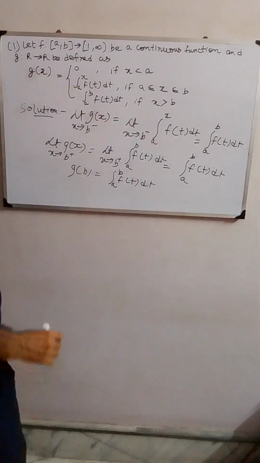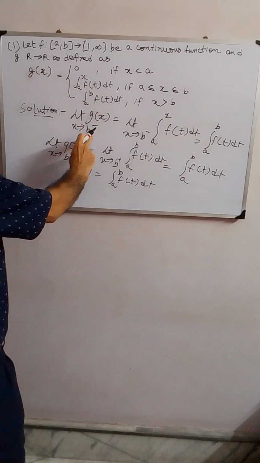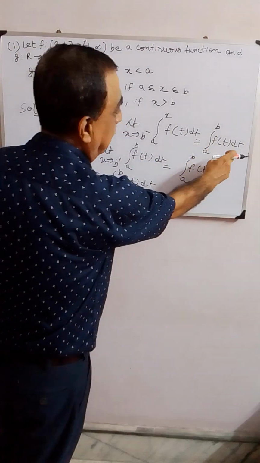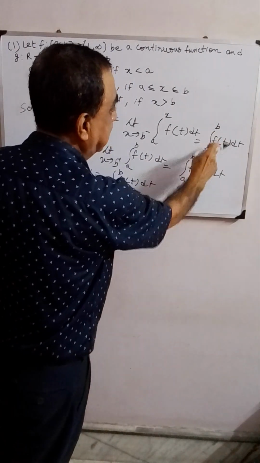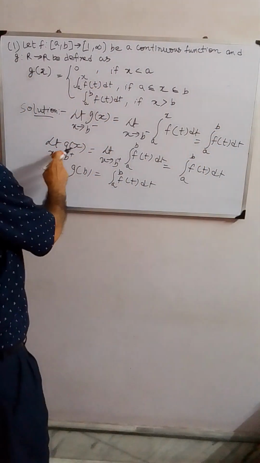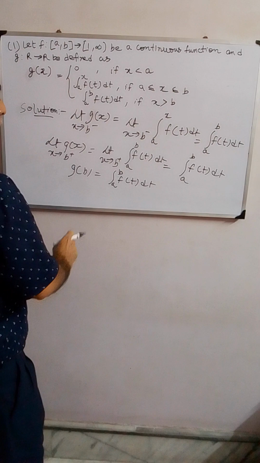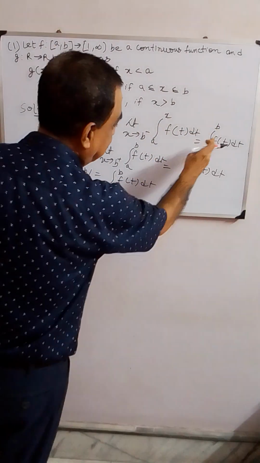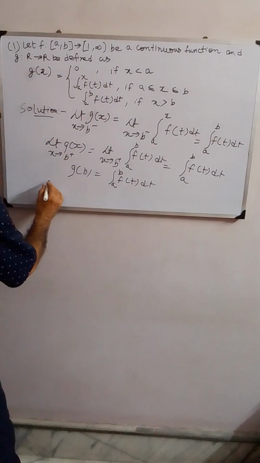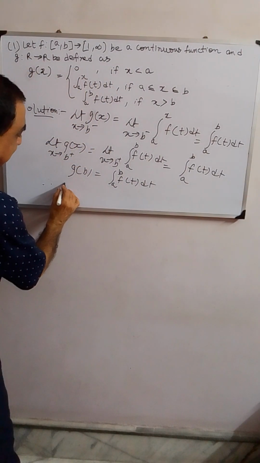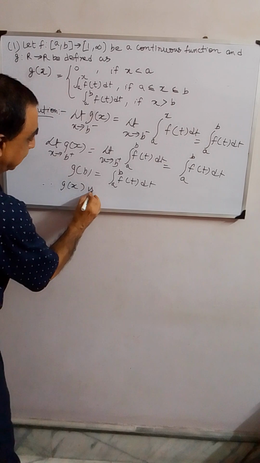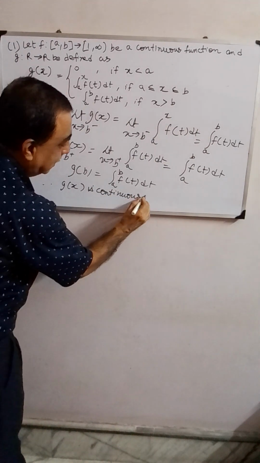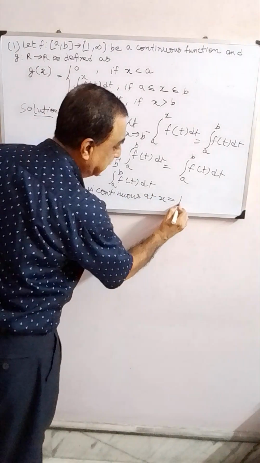So what we are seeing is that the limit of g(x) as x tends to b minus is equal to the definite integral of f(t) dt to the limits a and b, and the same is the limit of g(x) when x tends to b plus, and that is the same as the value of g(b) as well. So these three values are equal. So the result is g(x) is continuous at x equals b.